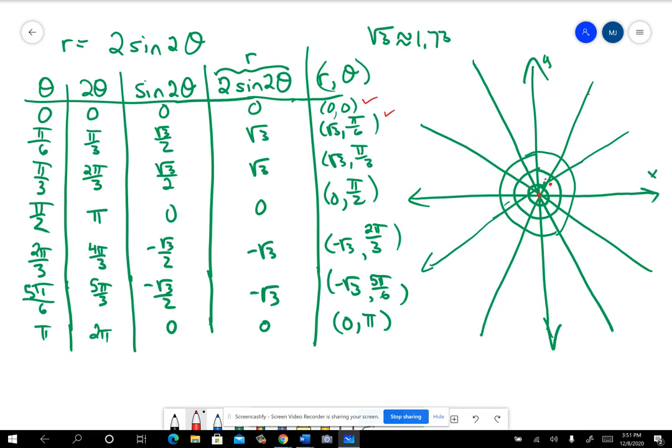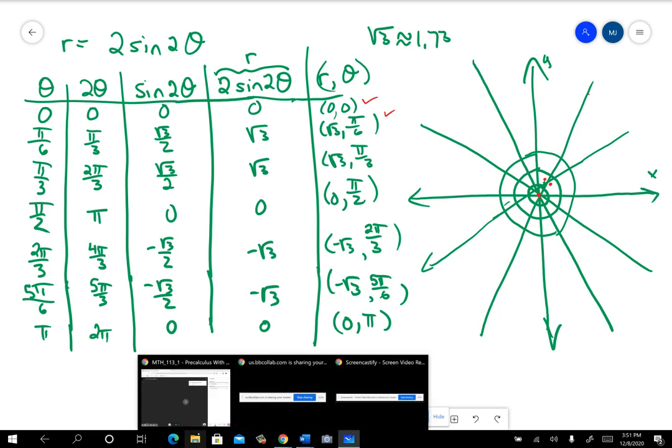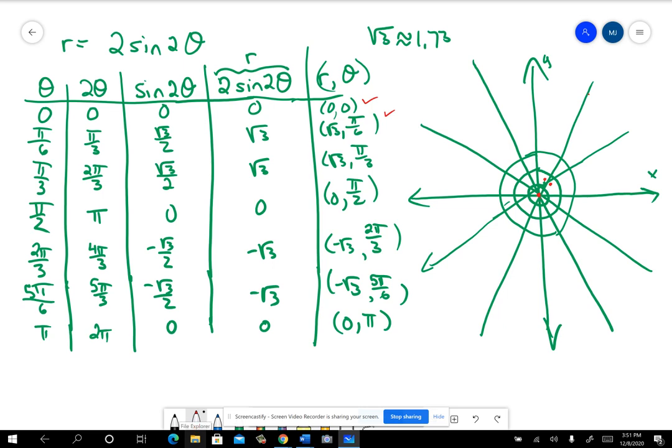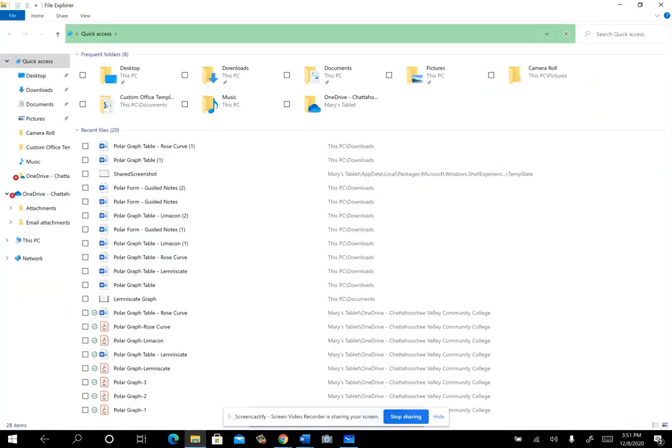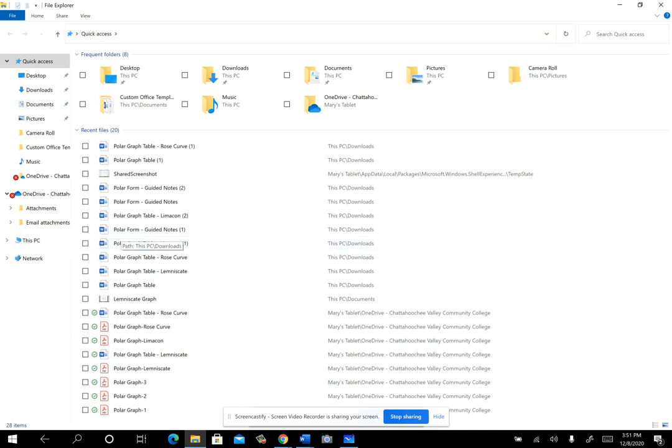Okay, so I need to redraw that. Let me just pull up a piece of graph paper so it really looks better. So let me go back and pull up an actual graph paper out of my documents. Let me see, polar graph paper is what I'm looking for.